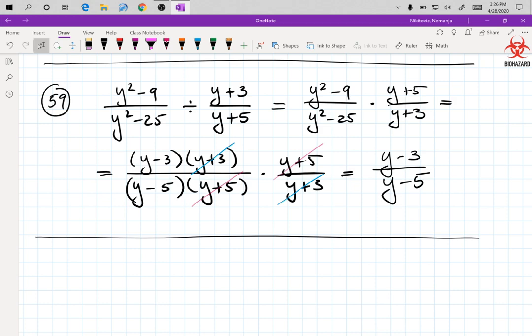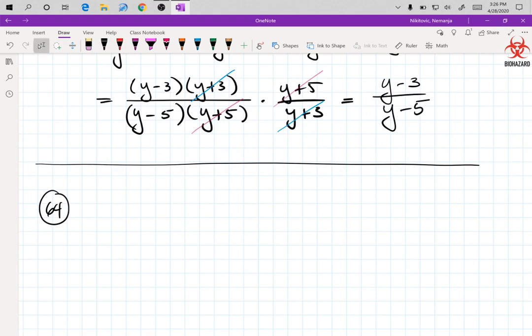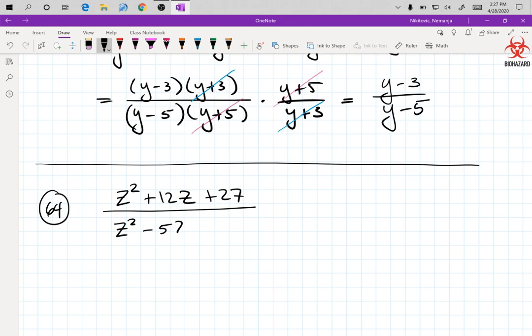Let's see what else. Problem 64, and that will be all, right? We have z squared plus 12z plus 27, cross your z's so you don't confuse them with 2's, z squared minus 5z minus 14 divided by z plus 3 divided by z plus 2.